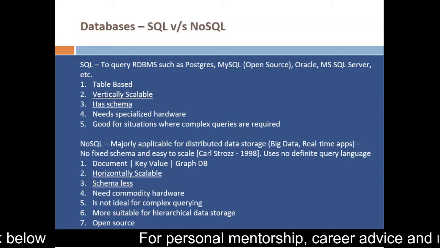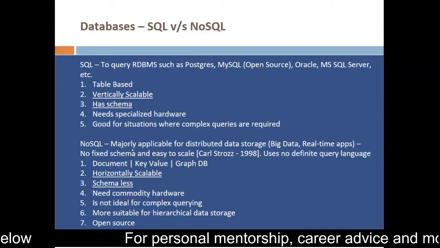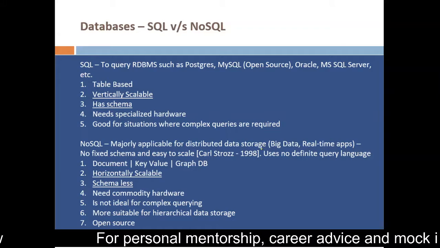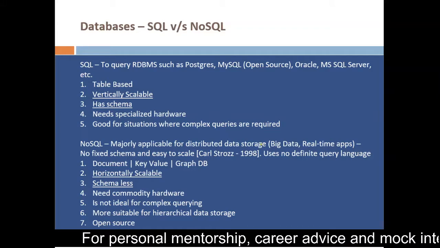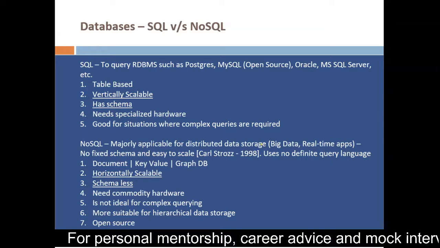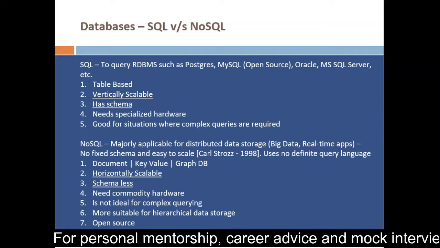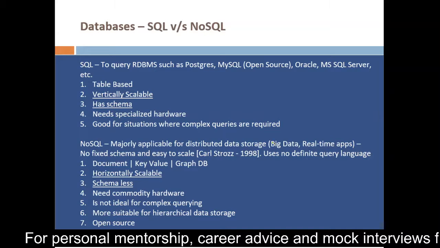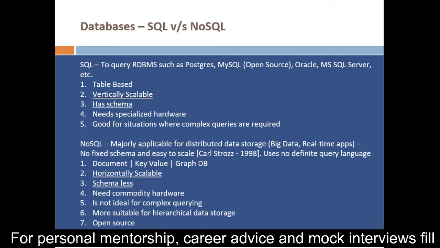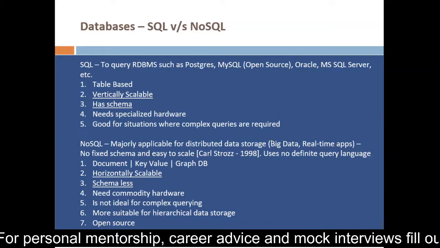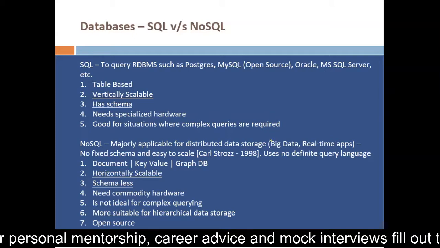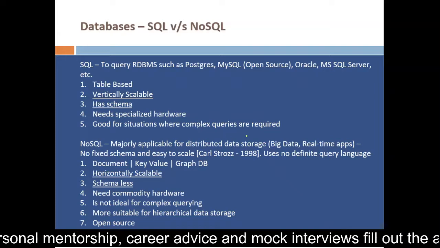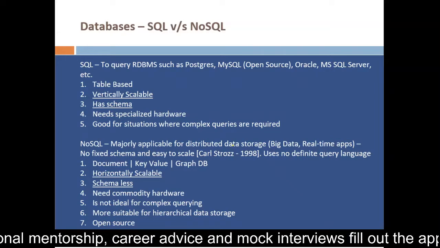On the other hand, NoSQL type of structure is majorly applicable for distributed data storage. For example, you are looking at real-time applications which use mostly streaming data like we saw previously, or if you're looking at big data, data which is very large in volume, which maybe comes from varied sources where there's a lot of velocity, lot of variety. In those kinds of scenarios, NoSQL kind of databases is more applicable.